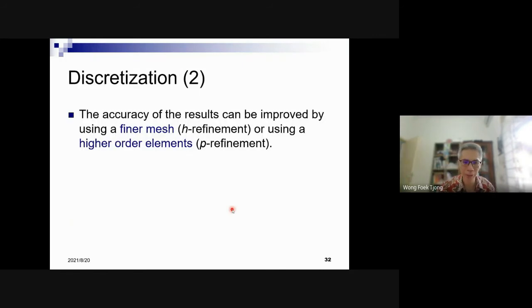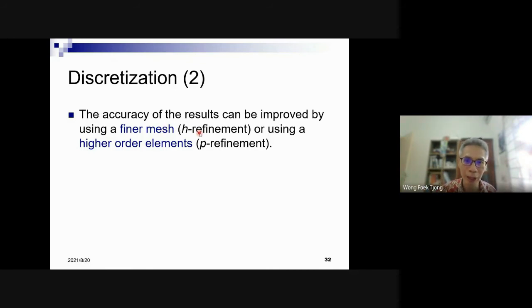I think this is relevant to the question from before. Who asked the question? Yes, this is the answer. The accuracy of the finite element result can be improved in two ways. First, using a finer mesh. It means we use a better mesh, more elements.